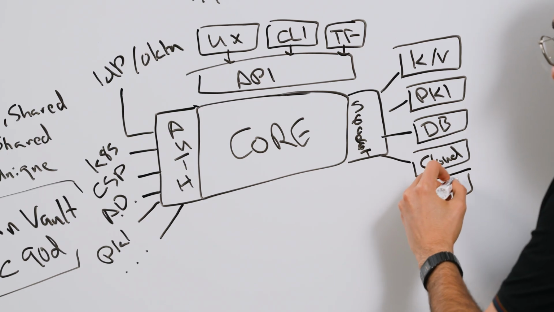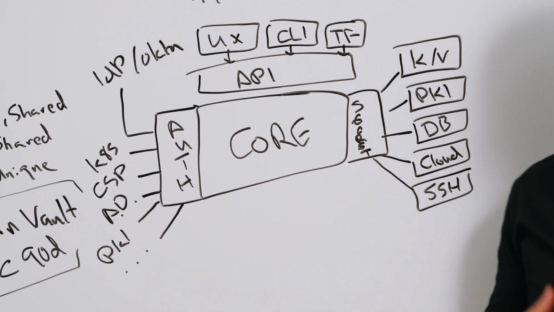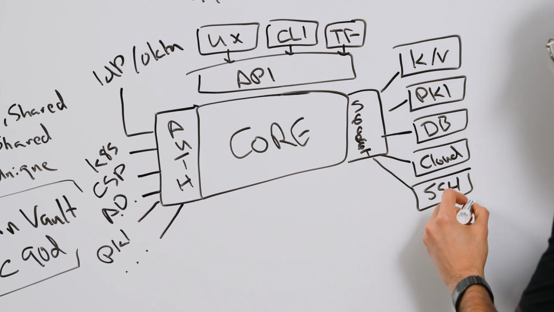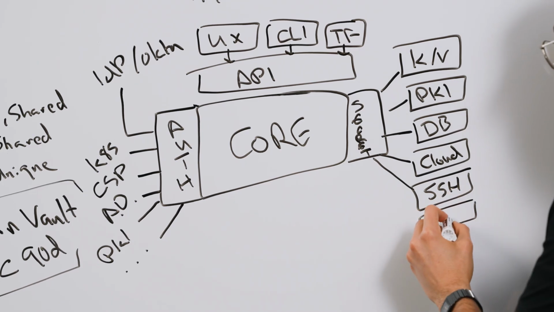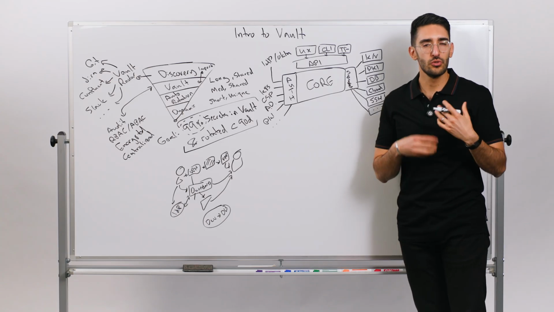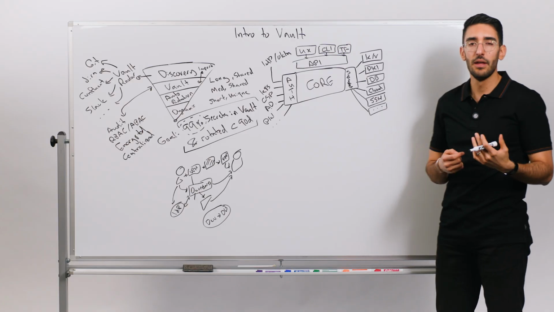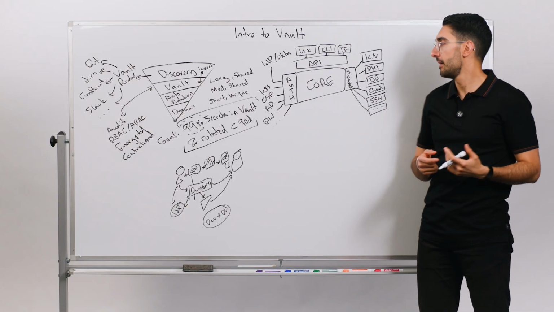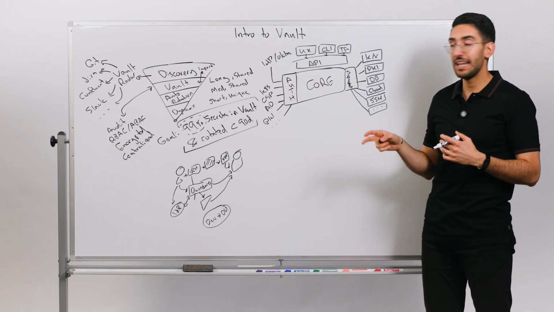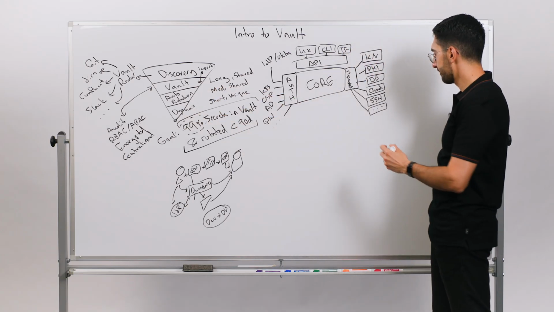SSH is another good example where we can move away from the master SSH key and generate dynamic SSH keys that are short-lived, right? And so this list continues, right? You can think about almost any type of system that has some sort of a username and password, or has an API key, or has some sort of a mechanism that allows you to generate and rotate. Vault can have a plugin for that, so then it can manage that lifecycle of rotation and dynamic generation, right?